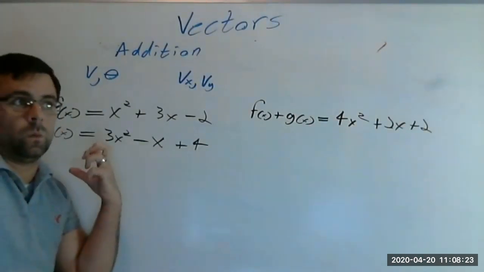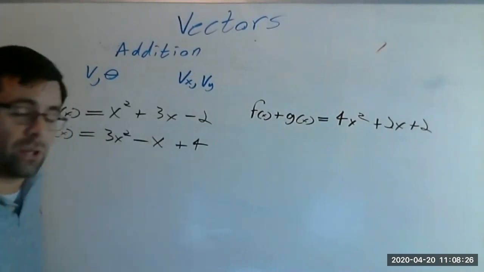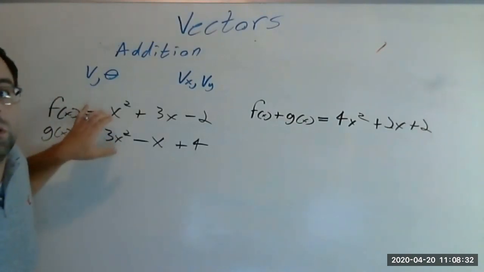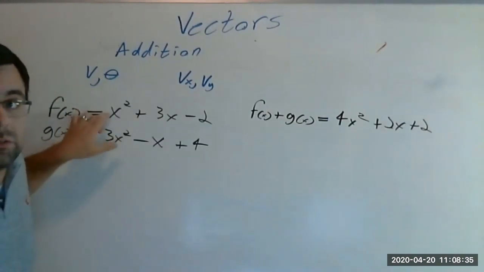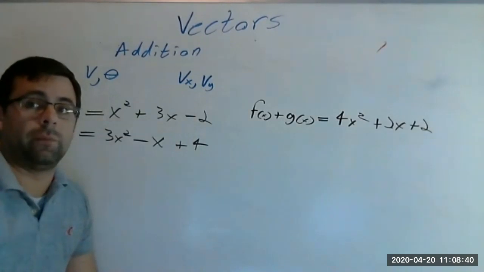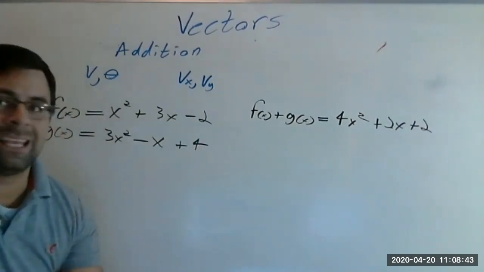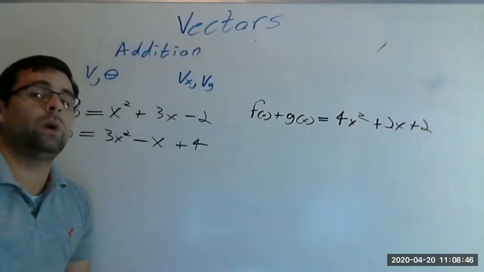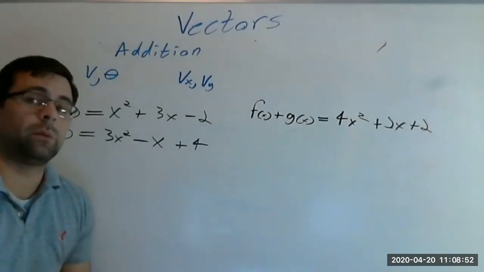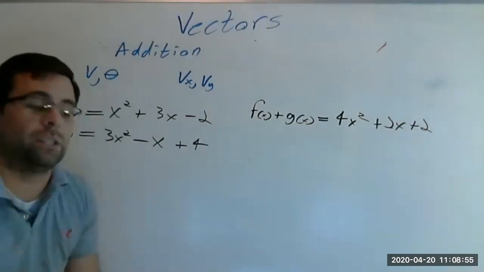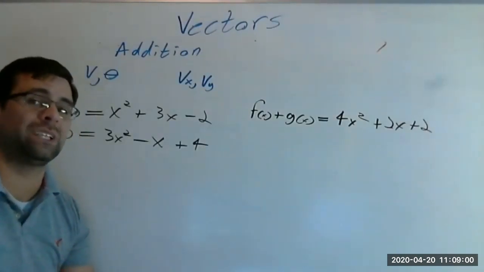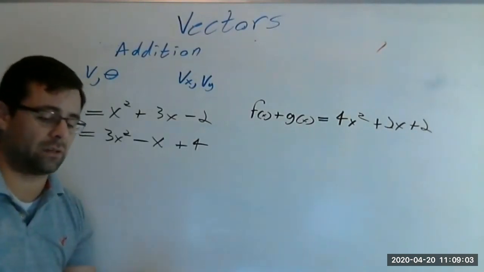So when you go to add these things together, like we've talked about in the past, you can't add things with different units. So you can only add the x squareds together, you can only add the x's together, and you can only add the non-unit ones together. In the exact same way, when you add vectors, their components are separate, they're independent. So you can only add x's together, and you can only add the y's together.